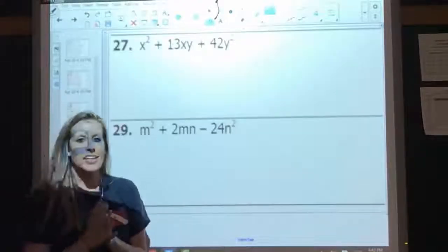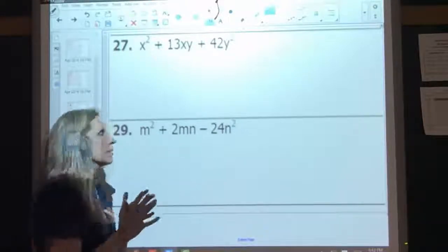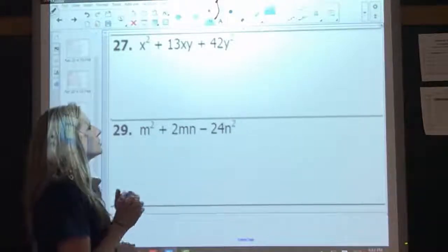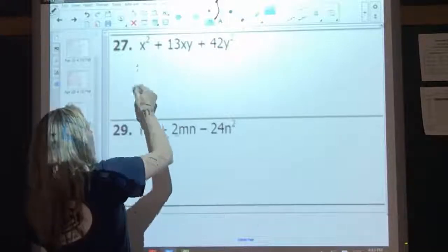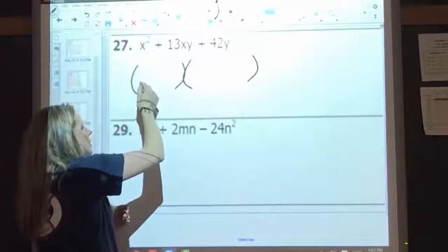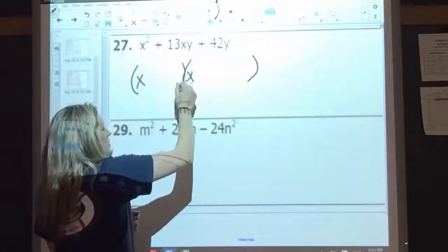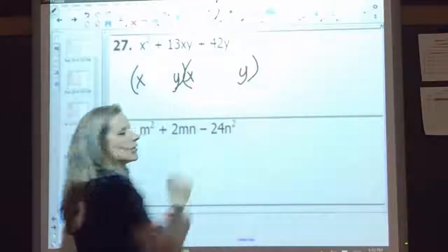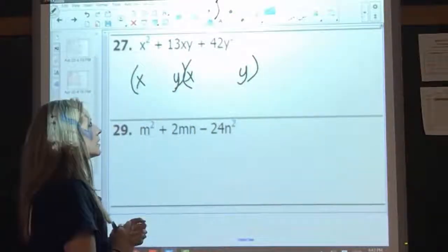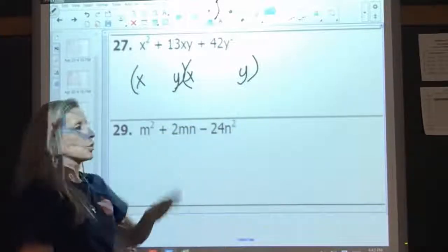All right, the next four, they have more than one letter in them. So what you want to do is make sure that my first term would be x times x to give me x squared, and my last term would have a y times a y, right, to give you y squared. And once you figure that out, you don't have to worry about the letters anymore.